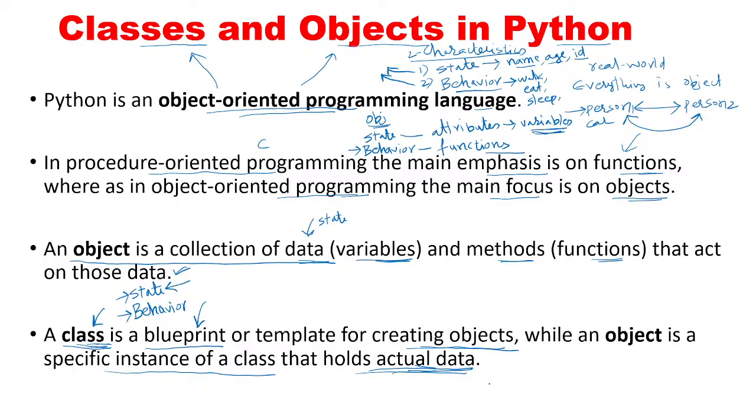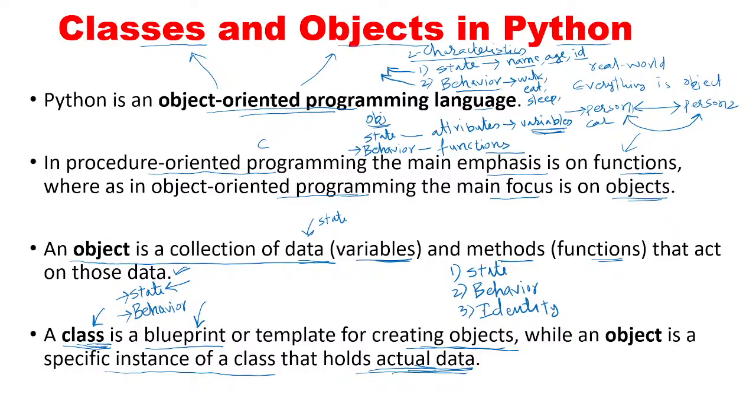Now we can say that every object, instead of two, we can say three. Every object will have state, behavior, and a unique identity also. Like in the real world every person has his own identity, like his own unique Aadhaar card.